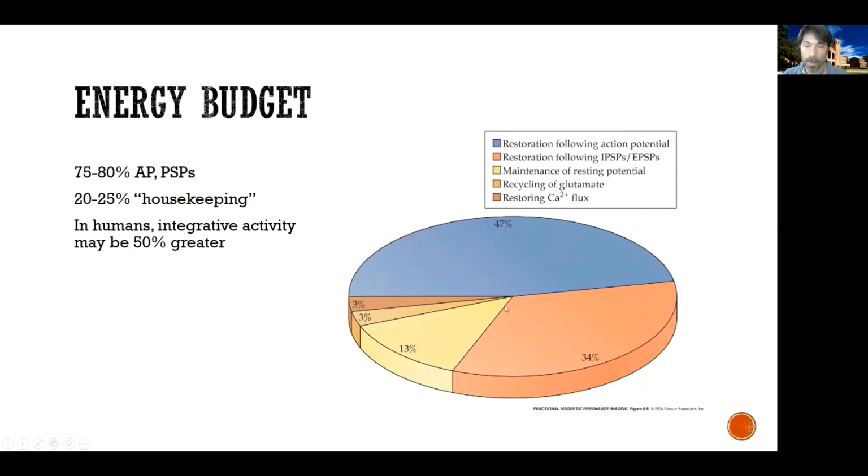So this slice here, the restoring of integrative activity at the dendrites, or restoring after postsynaptic potentials, seems to account for just about 50% or a little more of the energetic budget. And vice versa, the restoring after the action potentials themselves will actually be less than the number that you see here. So it still amounts to just about 75 to 80% also in humans, these two slices. Just the magnitude of the two slices appears to be just about reversed in humans.